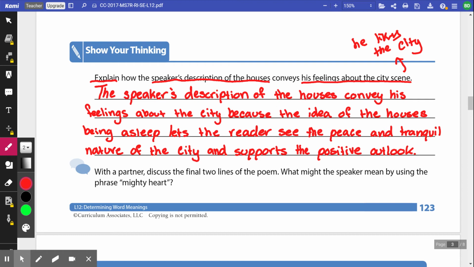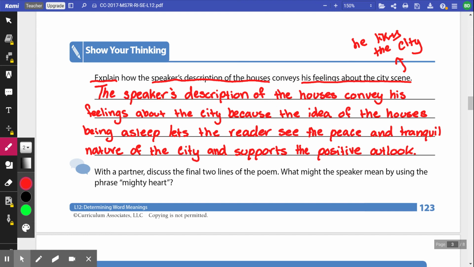If you were asleep, most likely you are peaceful and very tranquil. So him describing the houses as asleep goes along with the sereneness and tranquility of the city. It lets us know that he thinks of them as if they were in a very peaceful state. And overall, that supports his positive outlook.